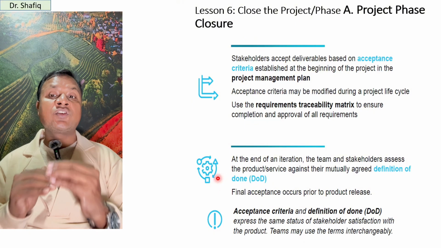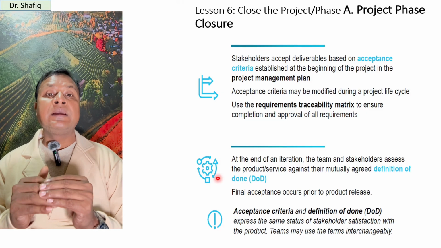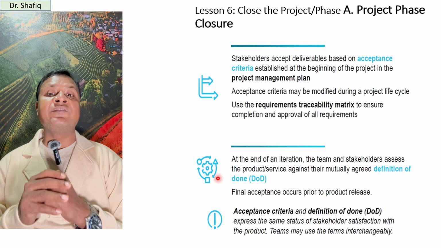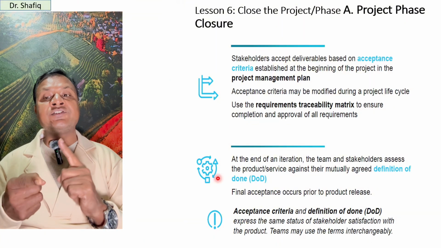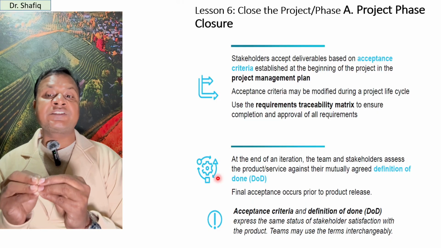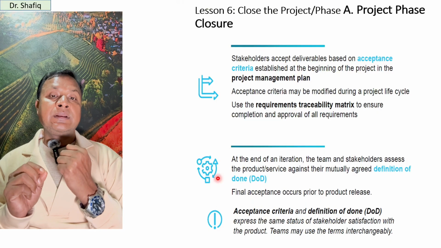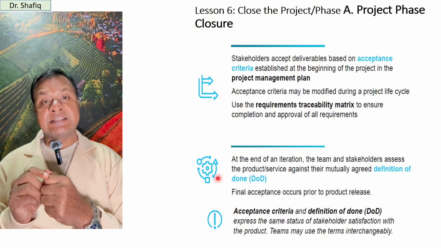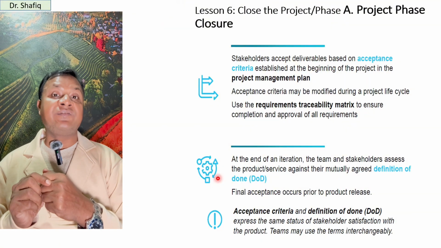If all the criteria set by all the stakeholders are met in each iteration, we call it definition of done. So acceptance criteria and definition of done express the same status of stakeholder satisfaction with the product. In the predictive approach, we call it acceptance criteria. In the Agile approach, we call it definition of done.